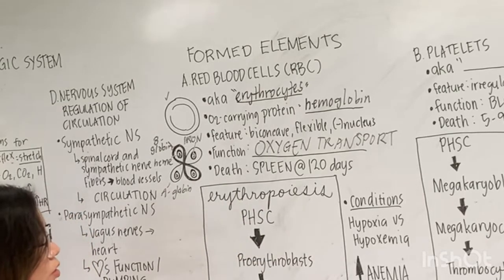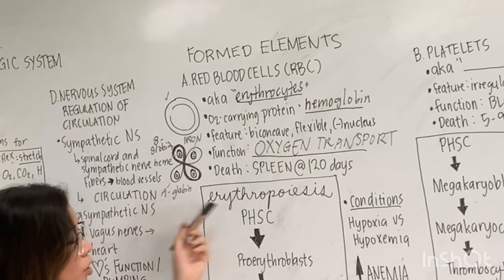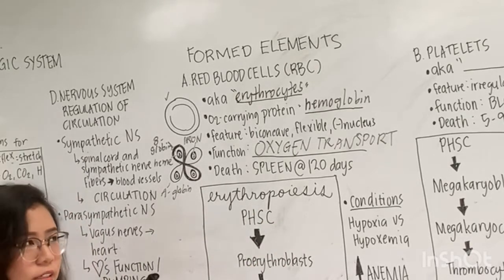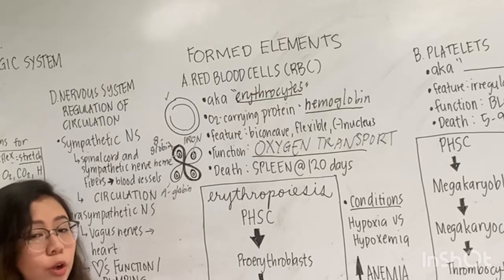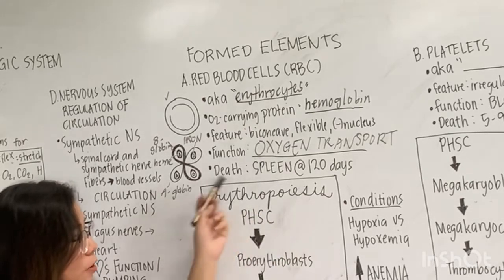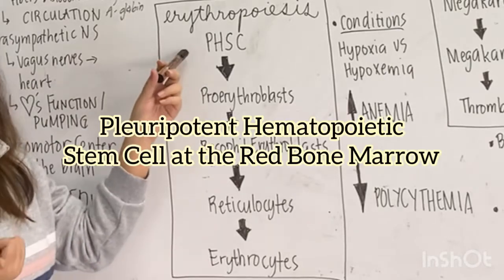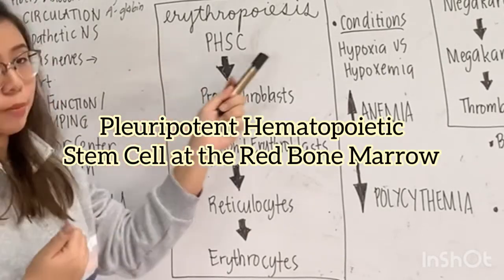So, let's discuss erythropoiesis. Erythropoiesis is the production of your red blood cells. Differentiate it from hemopoiesis, which is the production of blood in general. Erythropoiesis is specifically for RBCs. It happens in the red bone marrow, starting from the pluripotent hematopoietic stem cell.